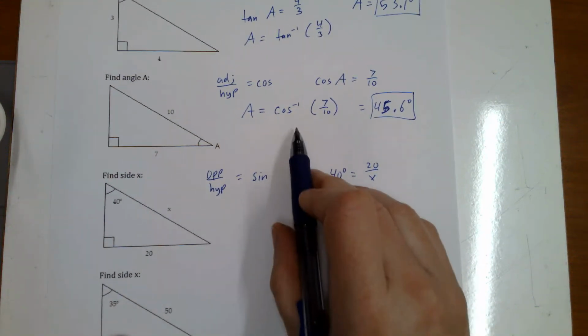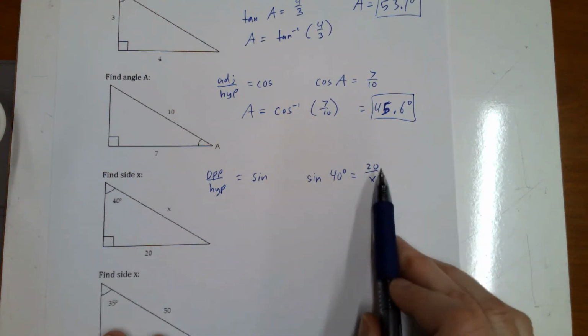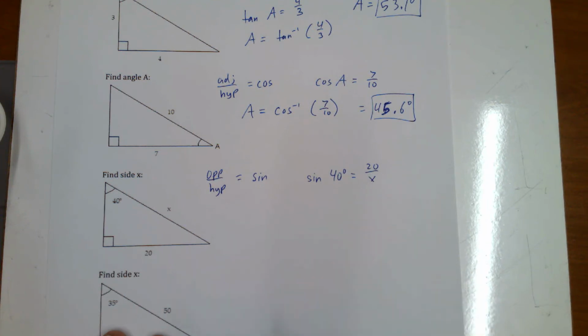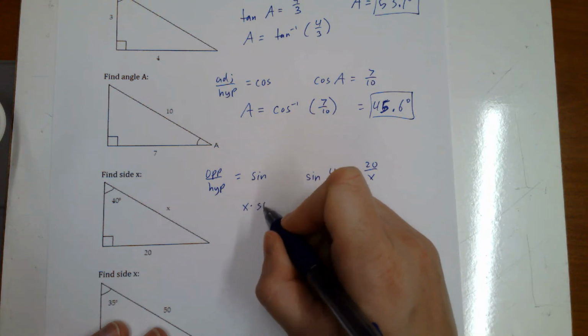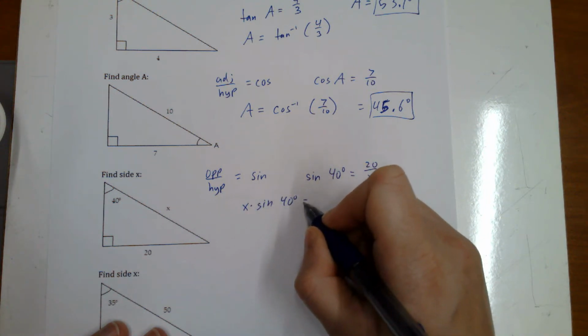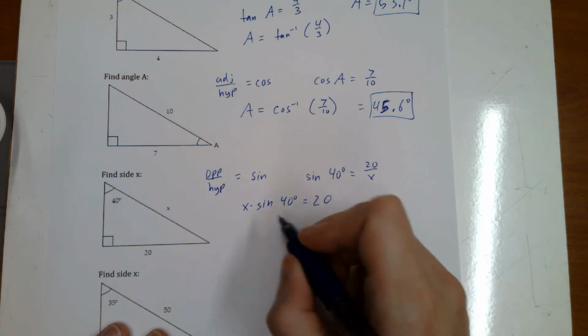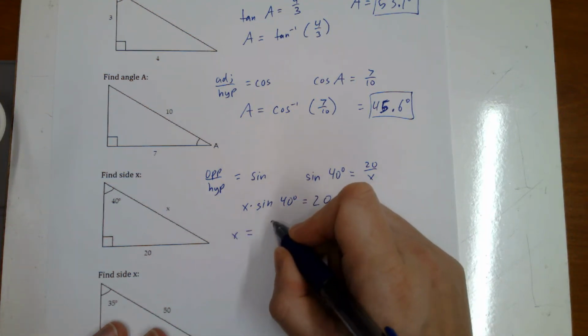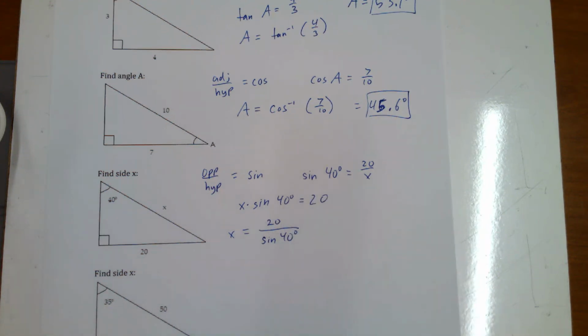I'm not going to have to do the inverse, but I am going to have to do a little bit of algebra. Anytime I have that denominator, I'm going to multiply by it. So I'll get x times the sine of 40 degrees equals 20. And then I'm going to divide by that, so x is 20 divided by the sine of 40 degrees.